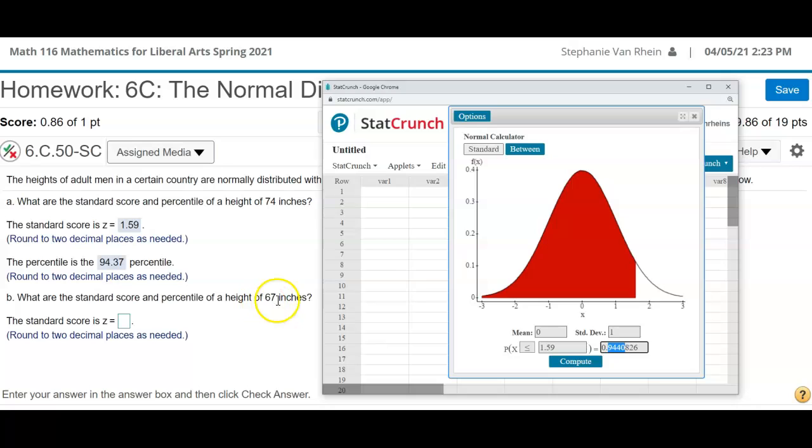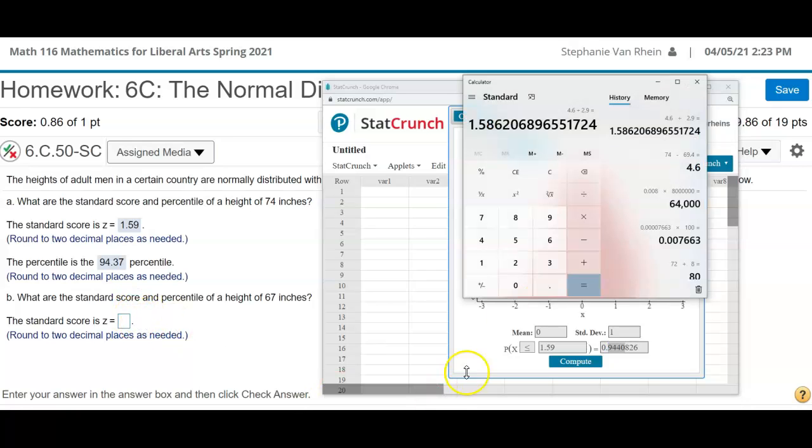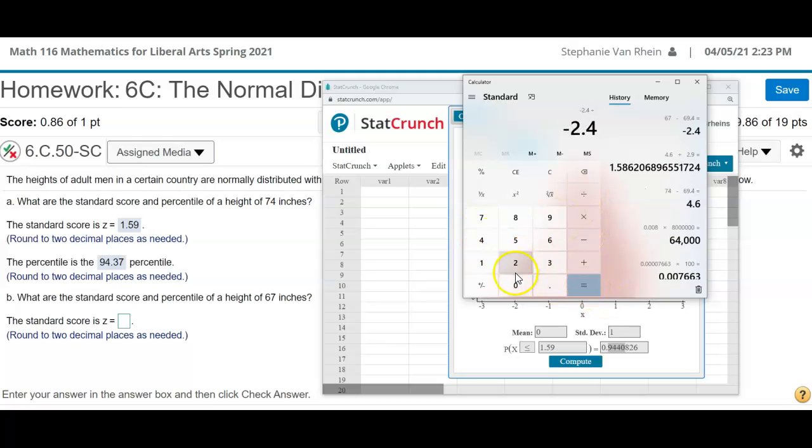So the next one we're looking at 67 inches as the point. It wants the standard score, it wants the z-score, so we know that this is going to be negative because I'm going to take 67 minus 69.4 divided by 2.9. So I take how far the point is from the mean and then divide by the standard deviation.